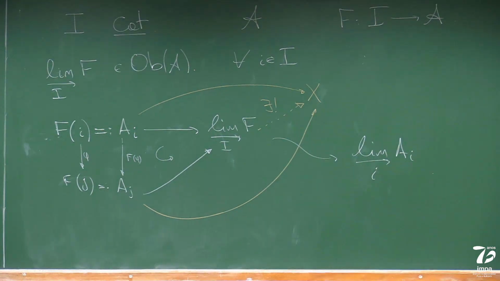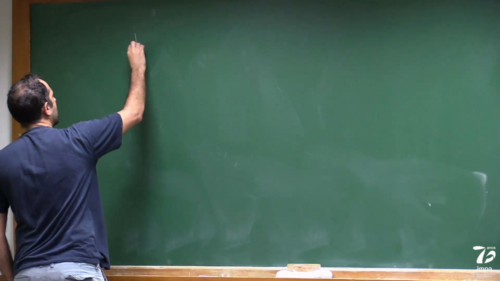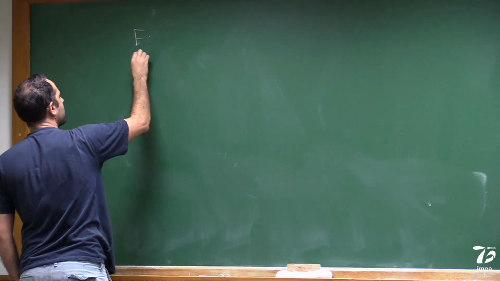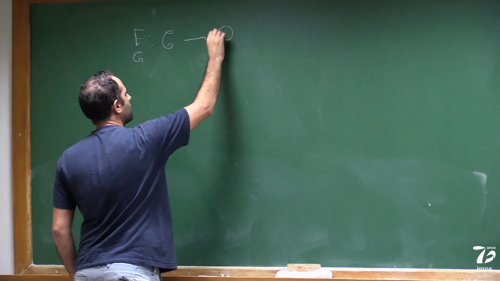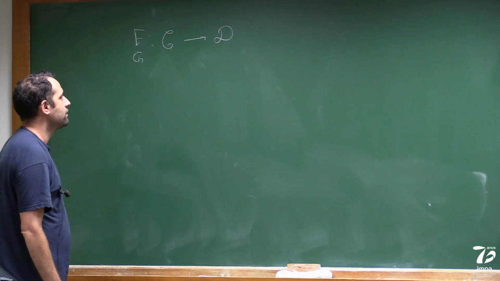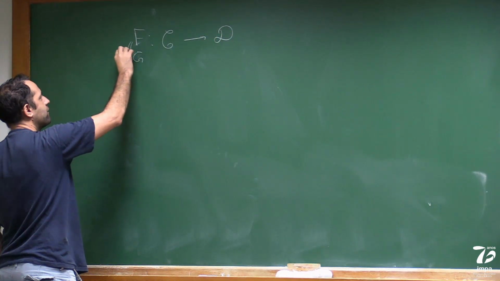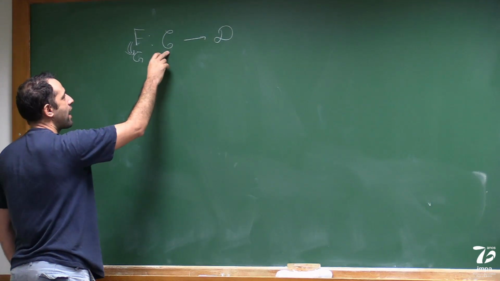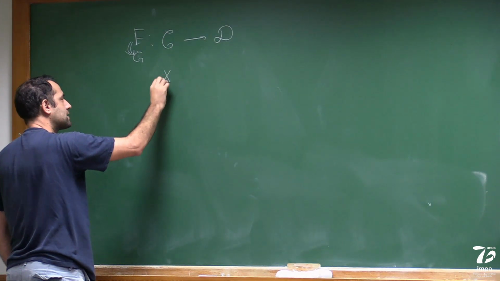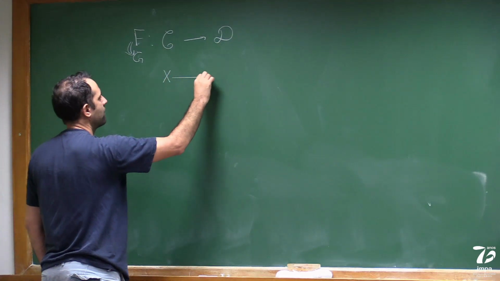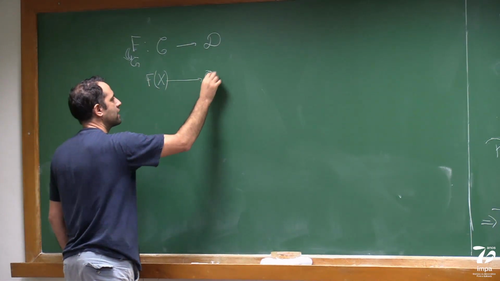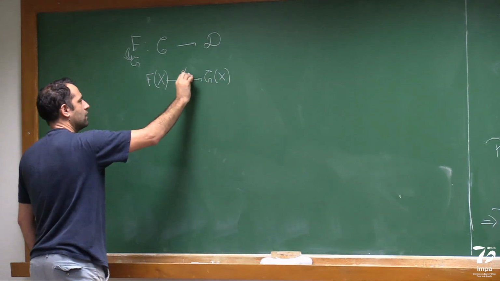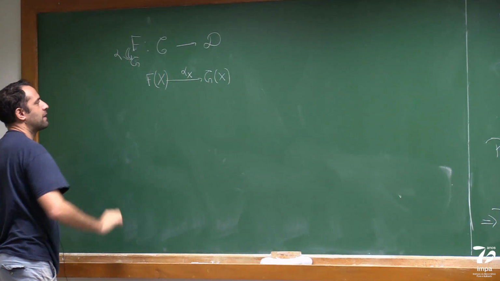Remember that if I have two functors F and G between two categories C and D, then a natural transformation from F to G is the data that for every object X here, I have an arrow between F of X and G of X, alpha sub X. So this is my natural transformation alpha.